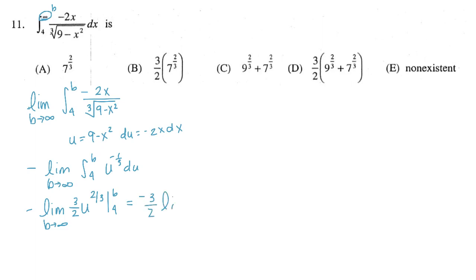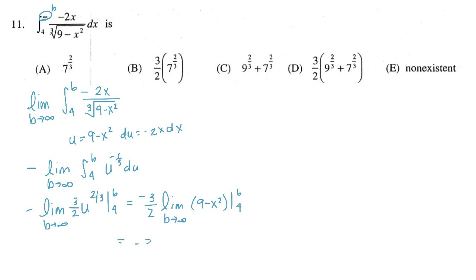And we do need to go back and replace what my u value was. As b approaches infinity, u was originally 9 minus x squared, so I have 9 minus x squared, and that's going to be evaluated from 4 to b.